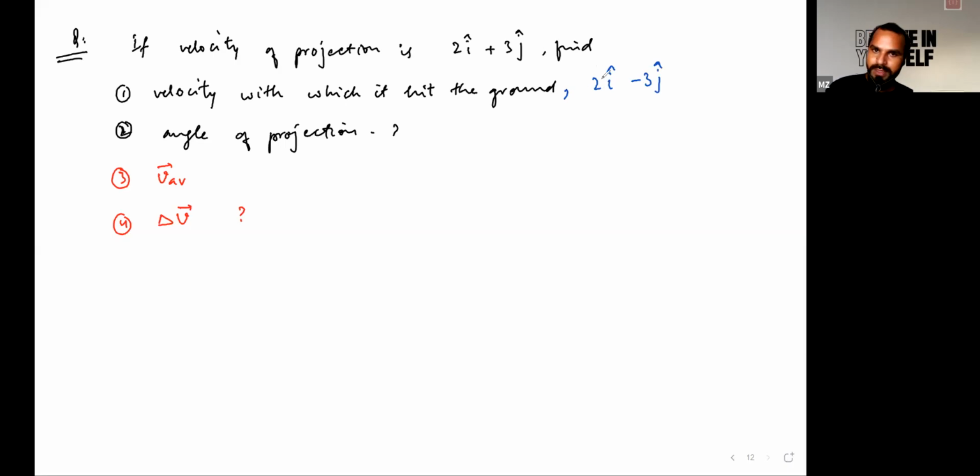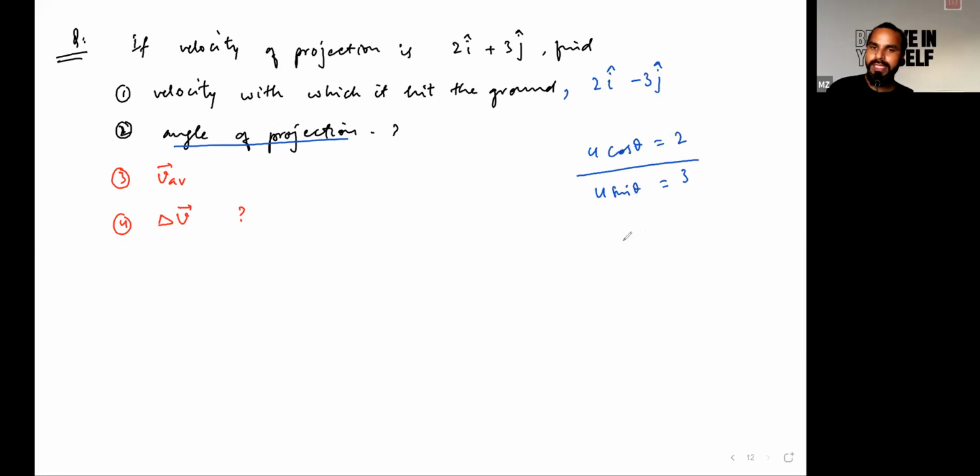Now, since this particular 2 is nothing but u cos theta, which is equal to 2, and u sin theta at the point of projection, as the question is asking about the angle of projection, not the angle at hitting the ground, you can write u sin theta as plus 3. Now, if we divide these two terms, u and u would cancel out.